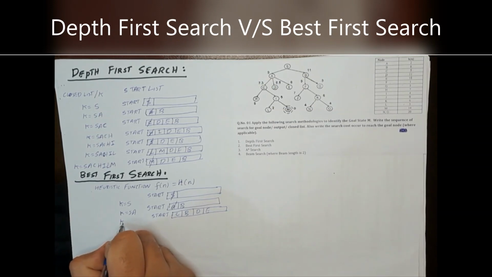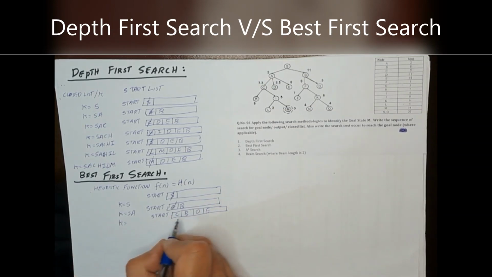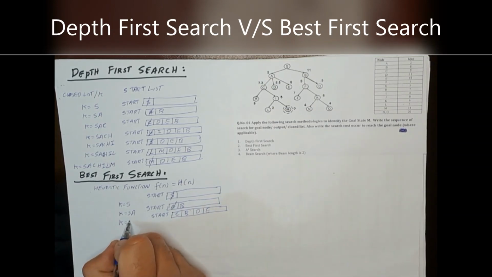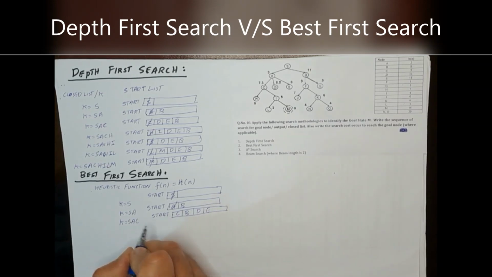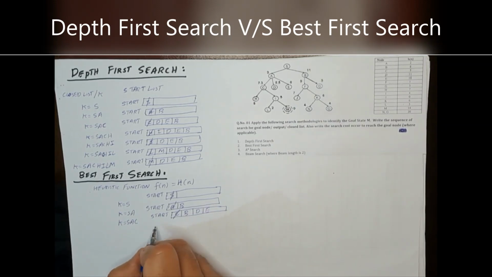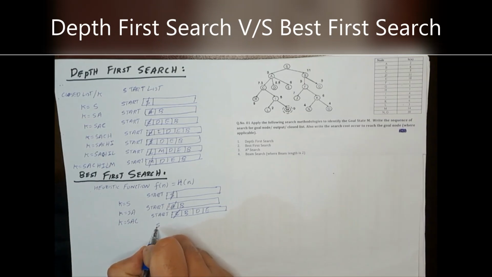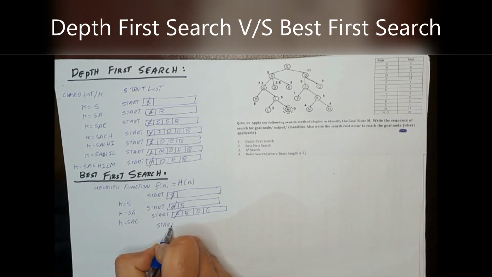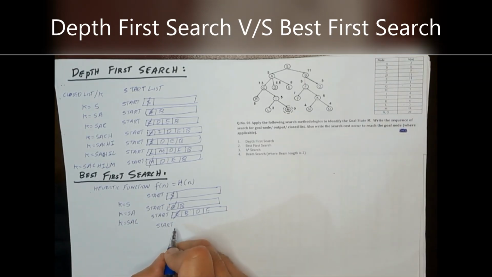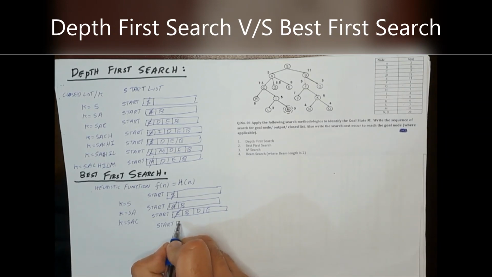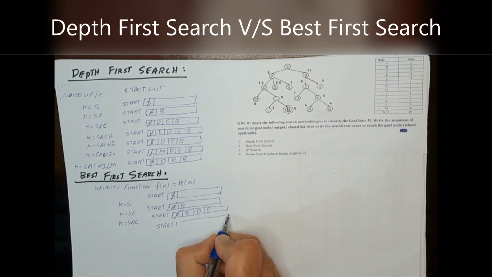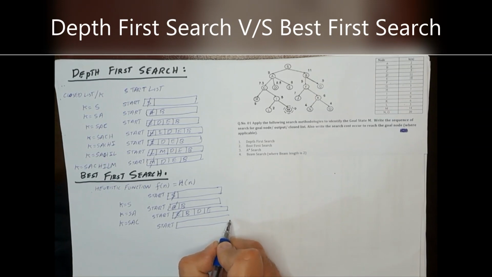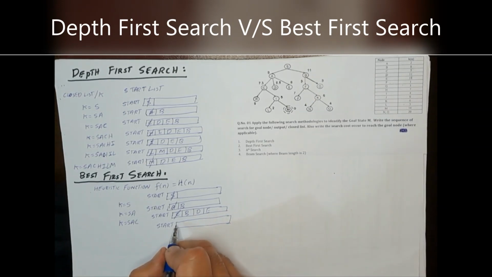Next iteration. We are going to take the first element from the list, which for now is C. So C is removed, and the start list will get the child nodes of C, and the sorting function will be performed again to sort them in ascending order.